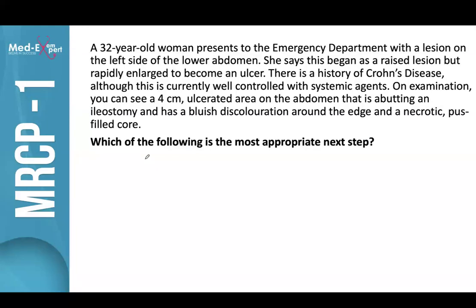A 32-year-old woman presents to the ED with a lesion on the left side of the lower abdomen. She says this was a raised lesion that rapidly enlarged to become an ulcer. There is a history of Crohn's disease, although it's well controlled with systemic agents.